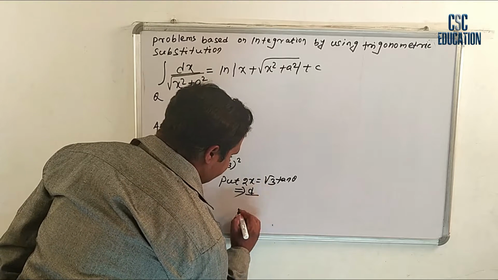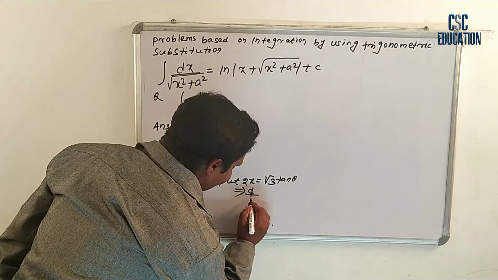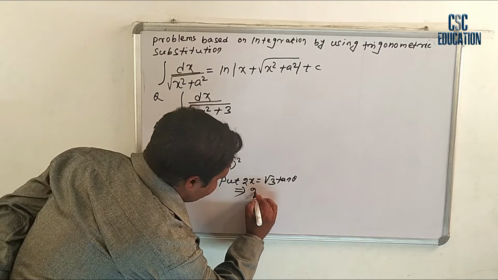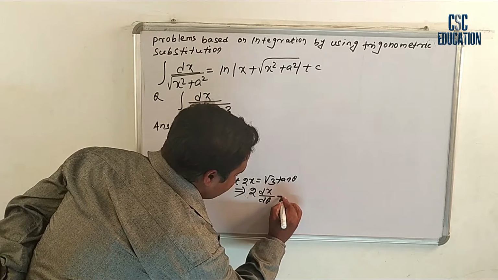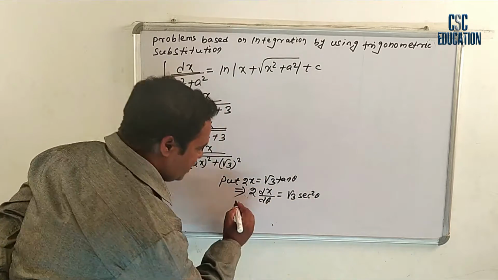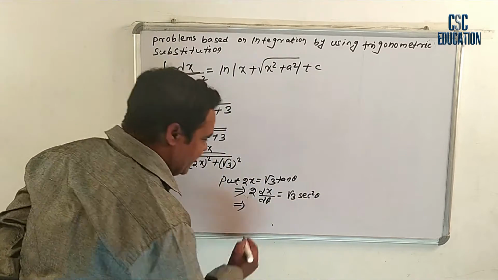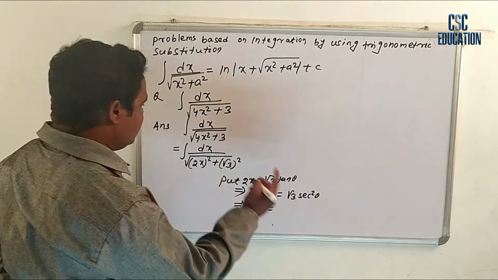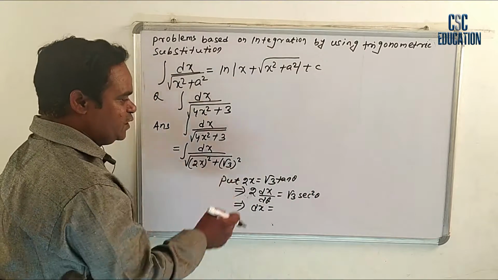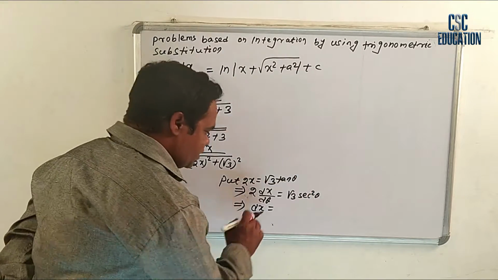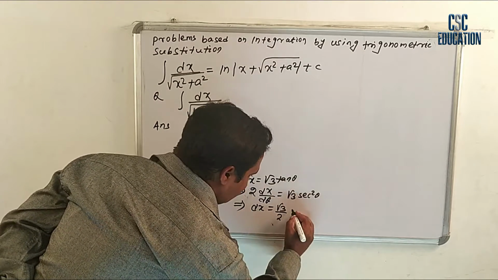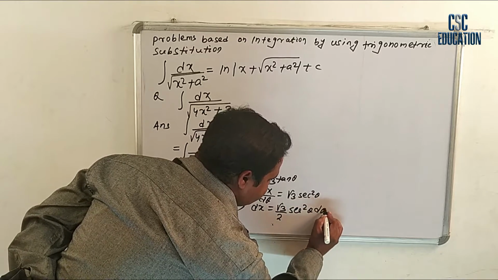Here 2 dx by d theta equals root 3 sec square theta. This implies dx equals root 3 divided by 2 of sec square theta d theta, converting dx into theta form.